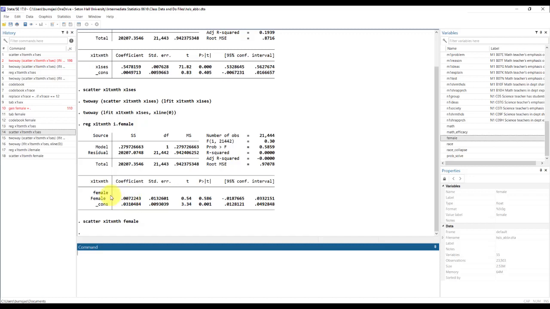Again, very important to understand how your variables are coded so that you can interpret this correctly. If we were to interpret this, we would say that females relative to males have a math score that is 0.007 higher. And that difference, if we go to our p-value, is not statistically significant.